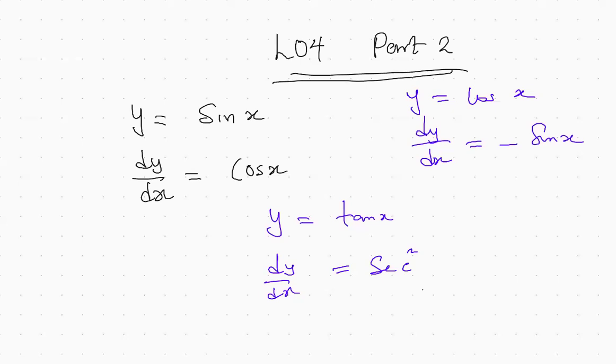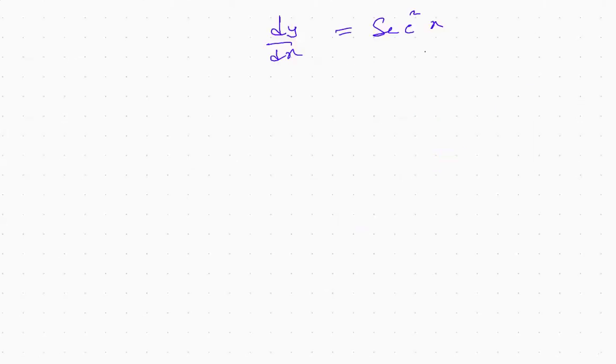I told you earlier that if you differentiate sine x, it gives you cos x. So if you have a function, for example, y equals sine kx, then dy/dx will be equal to k cos kx.